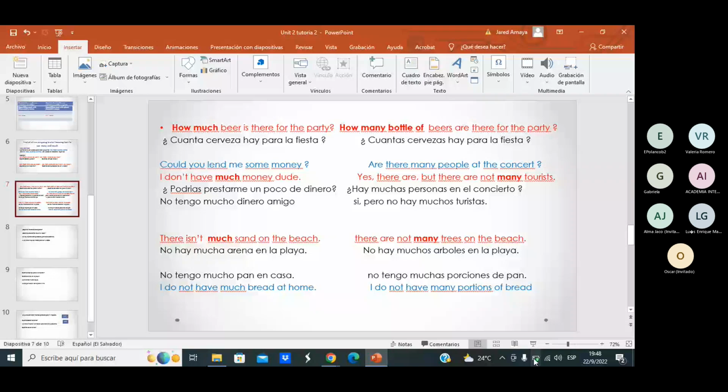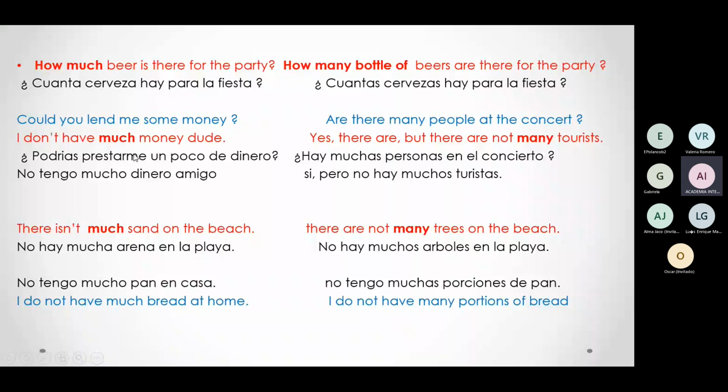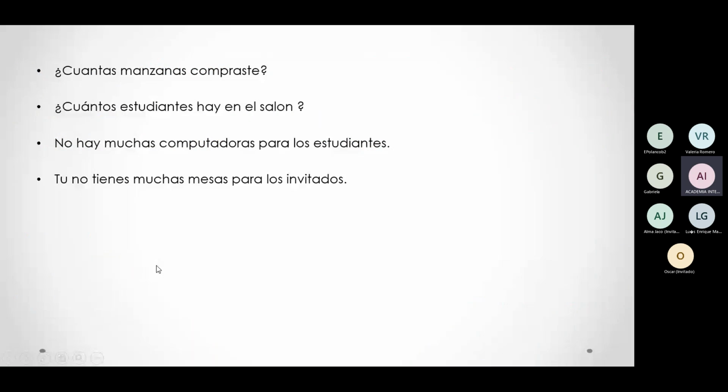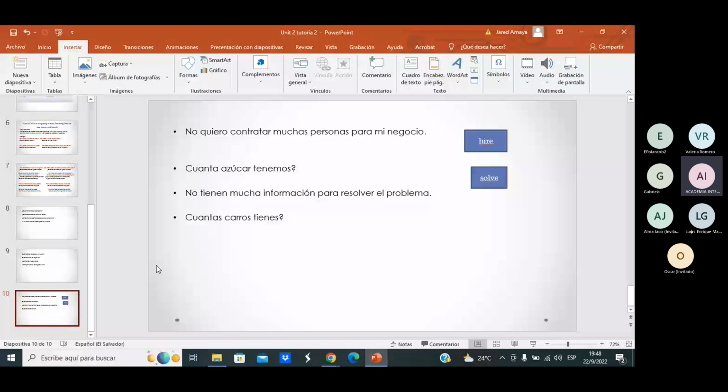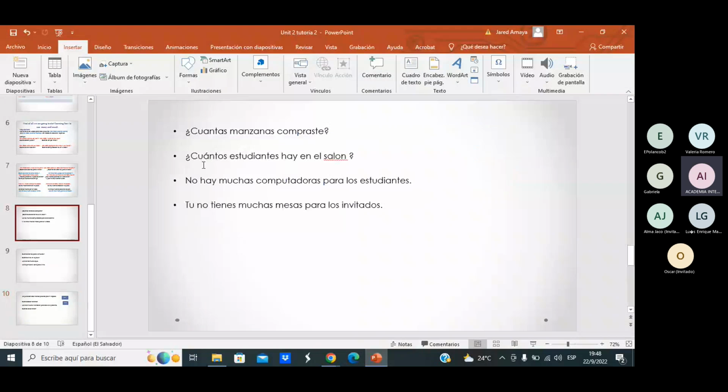Okay. Do you have questions about this? About these sentences that we already read? Sobre estas oraciones que leímos? Because we are going to make a practice right now. We are going to practice a little bit with some examples. Are you ready?